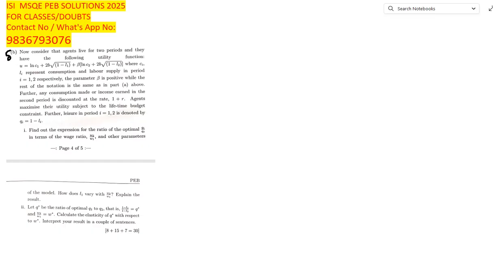So, let's see here, we are being given a two-period utility maximization problem with the utility function being this one. Here it is represented u is equal to, let's write it down.